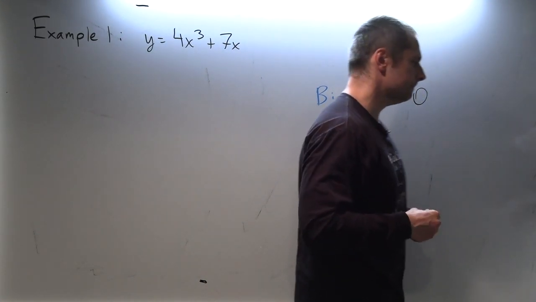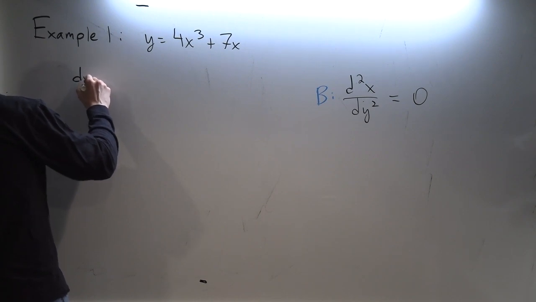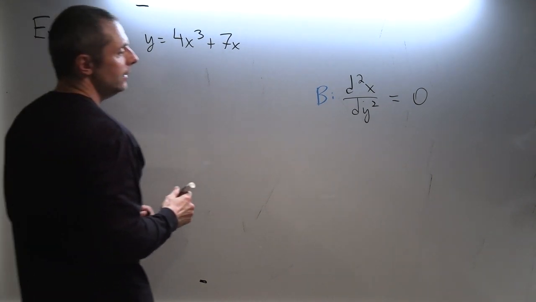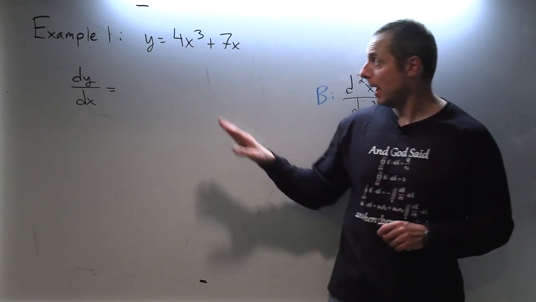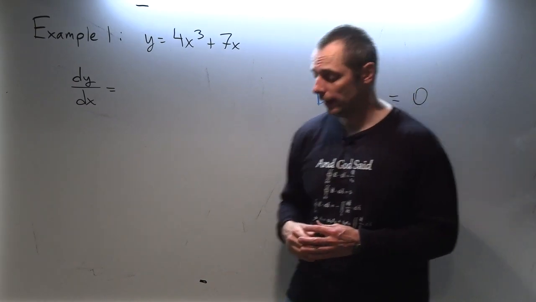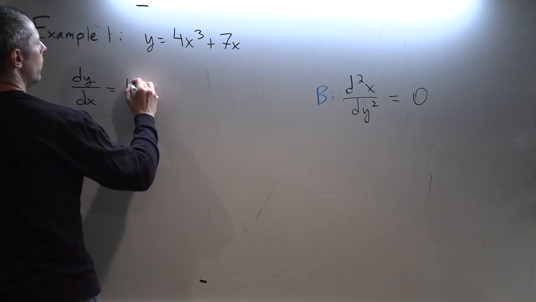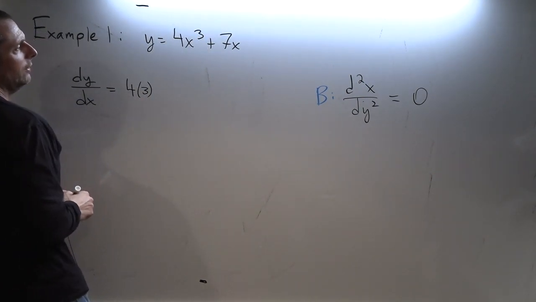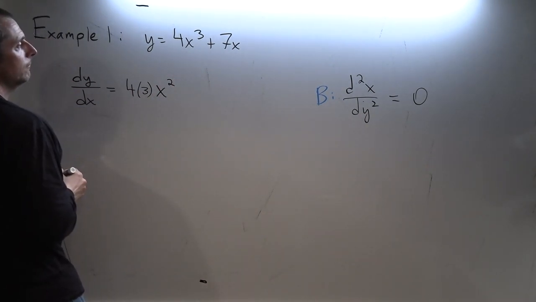So here, we take the derivative of y with respect to x. And essentially what we're doing is we are doing the power rule on this and the power rule on that. So we can say that this is 4 times 3. We bring the exponent to the front, and then we subtract 1 from the exponent.